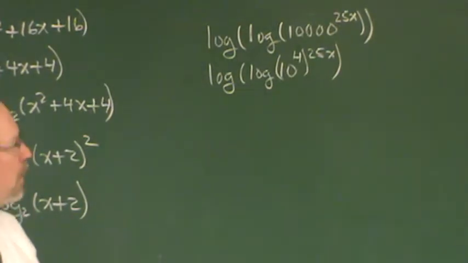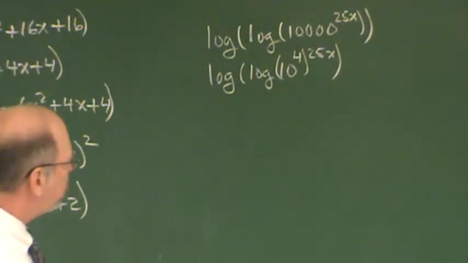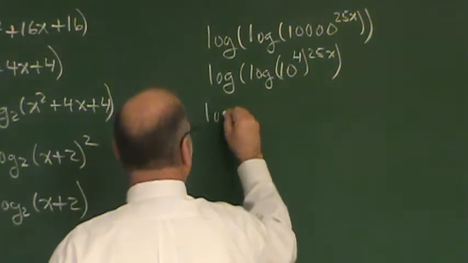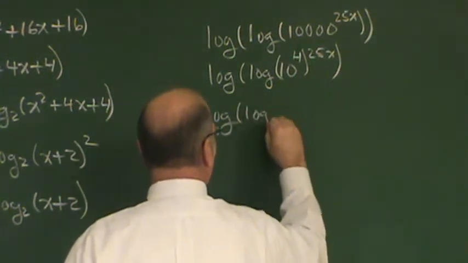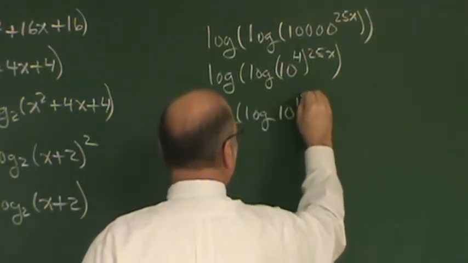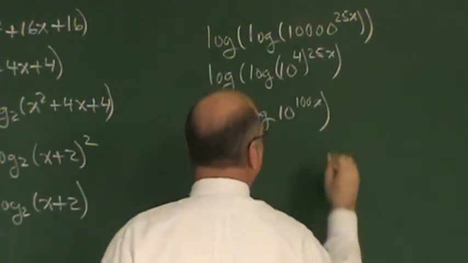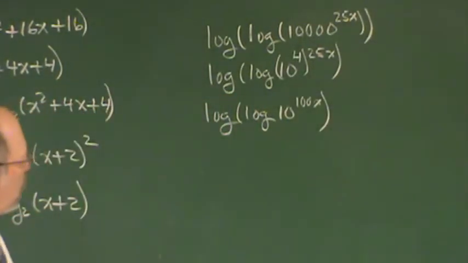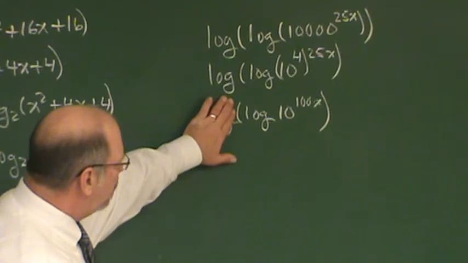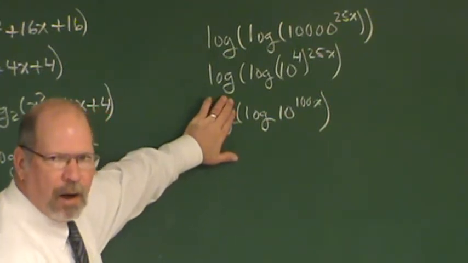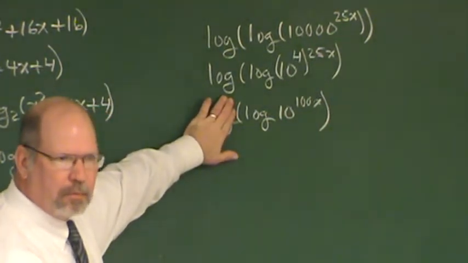Now, with exponents like that, we multiply them. So this gives us the log of 10 to the 100x. And once again, if you have the log base b of b to some power, that's simply the power, isn't it?